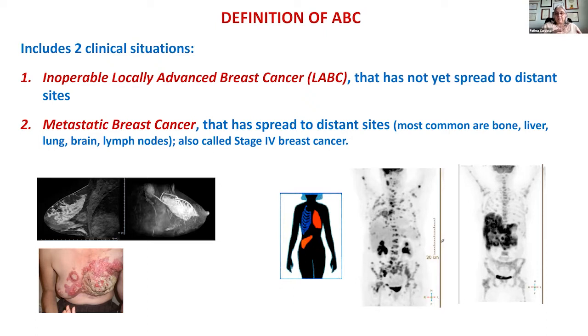And this is, of course, more often where there is no screening, but it may occur in rapidly progressive tumors. If we have this situation of very locally advanced disease, but not yet in the distant sites, these patients are also lost. They are not early, they are not yet metastatic, and so they are sometimes lost. So we decided to include them in this definition of advanced.